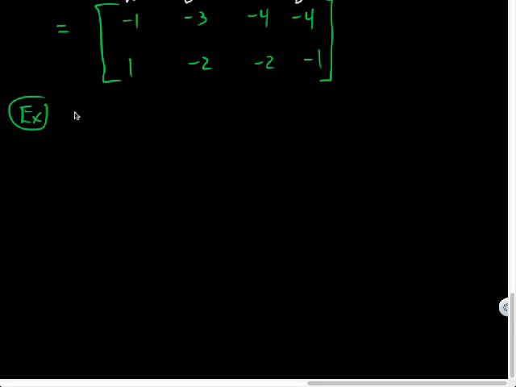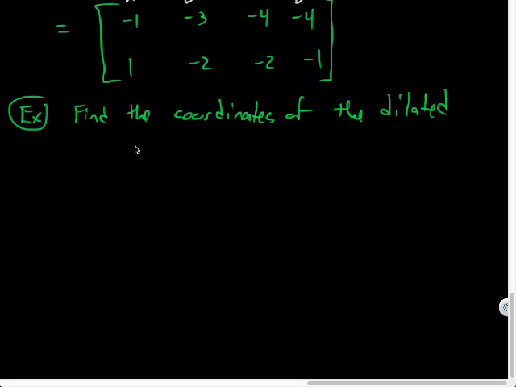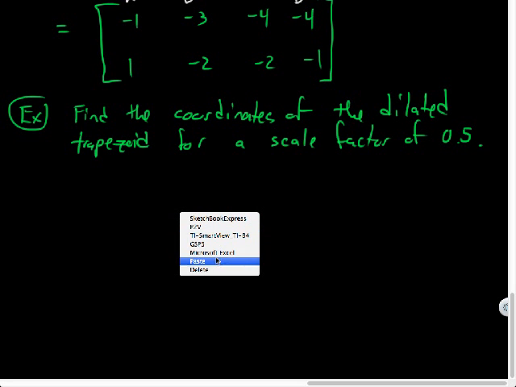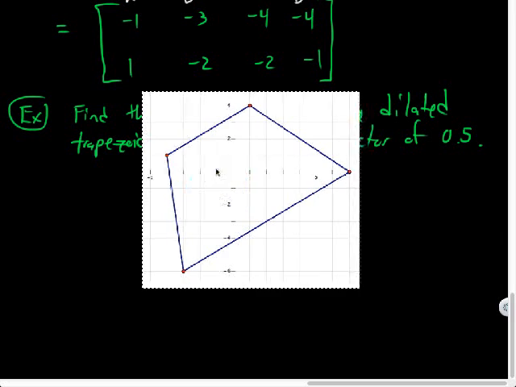Directions are going to say: find the coordinates of the dilated trapezoid for a scale factor of 0.5. And I'm going to have to shrink this down a little bit to fit it.